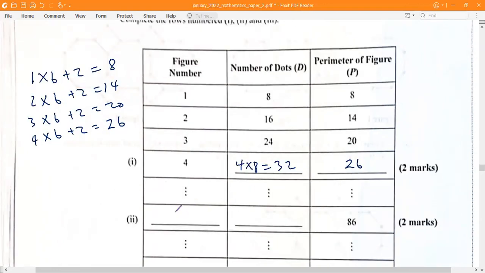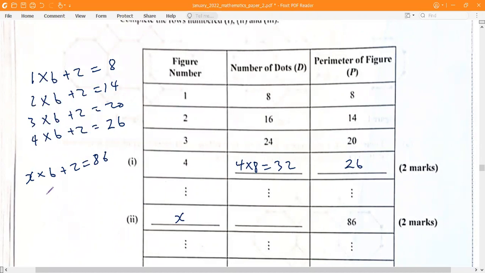All right, let's work out the second row now. We are given the perimeter of the figure. If the figure number is x, I have to multiply x times 6 plus 2, and that would give me 86. So I can now solve for x.